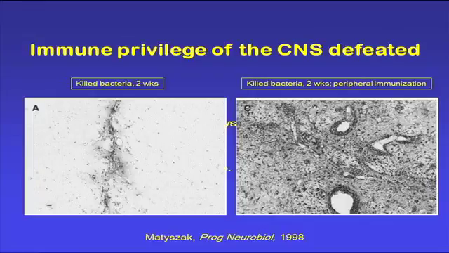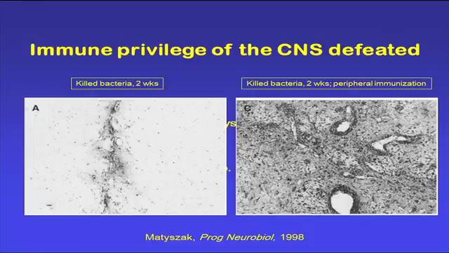So how do we work around the immune privilege of the brain to get an immune response going there? The left-hand panel on this slide you've seen before. This is the wimpy transient immune response when you simply inject some killed bacteria into the brain tissue carefully without making a lot of damage and without disrupting the vasculature.